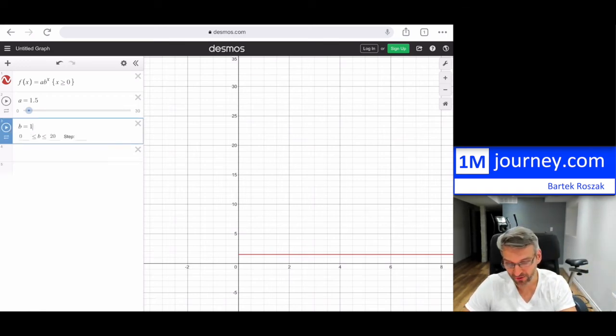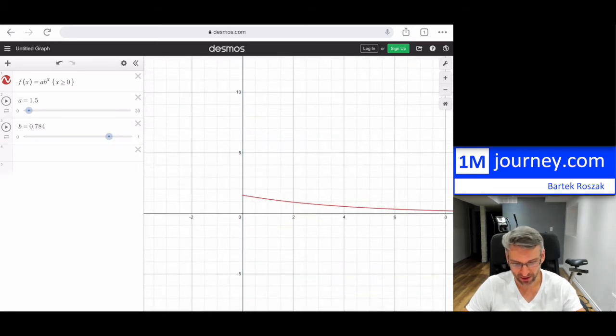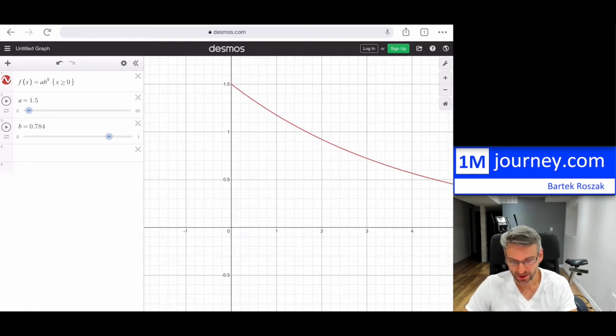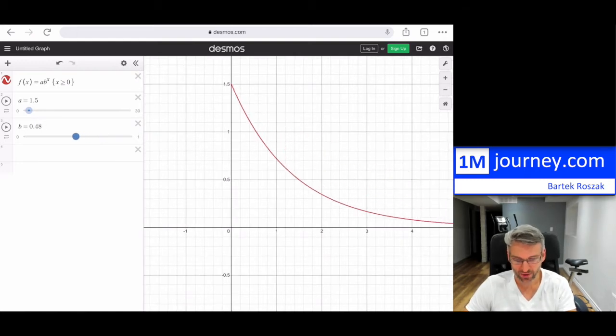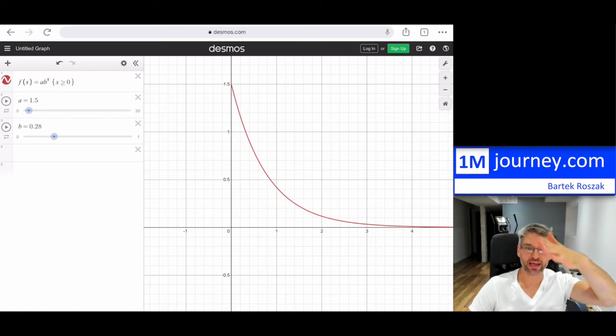But if I make this b, and now let's say I fix it between 0 and 1, let me zoom in here just so that you can see. No matter what this is, as b gets smaller and smaller, you have this decaying look, where our exponential tries to get closer and closer to 0, faster and faster and faster.